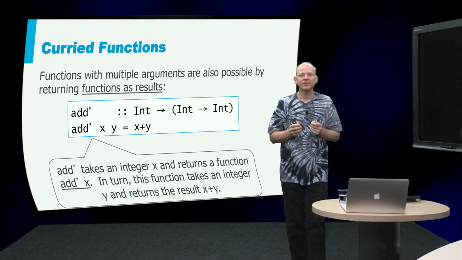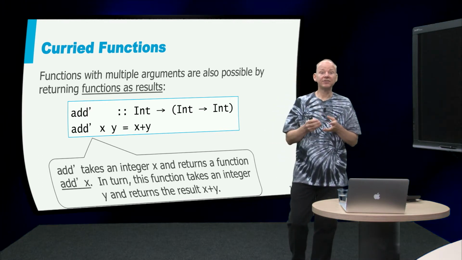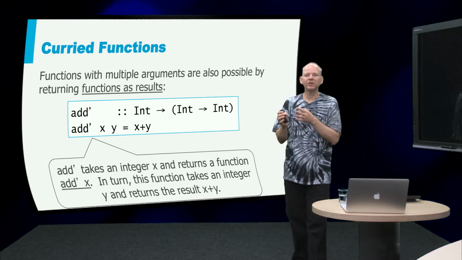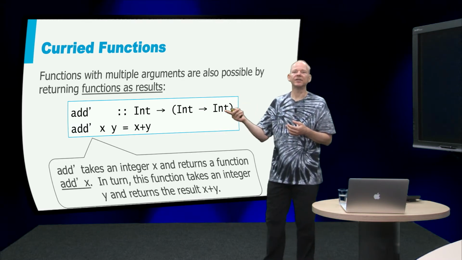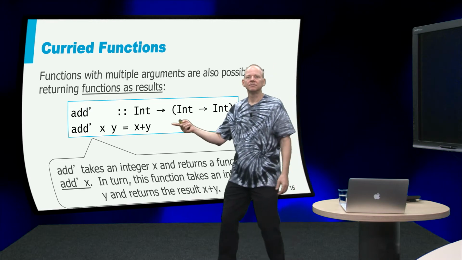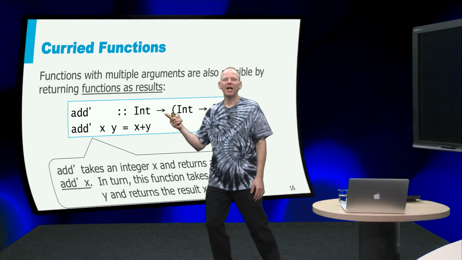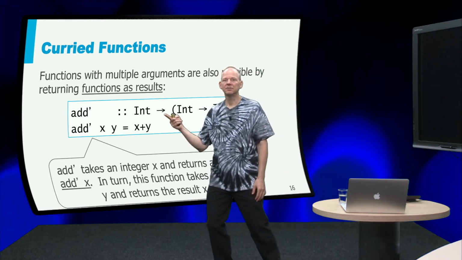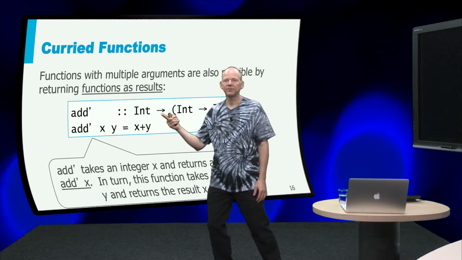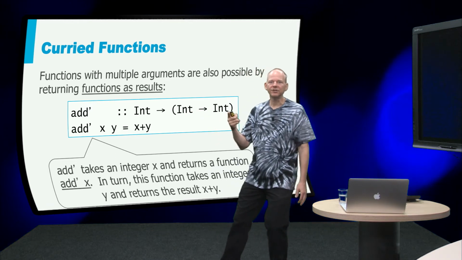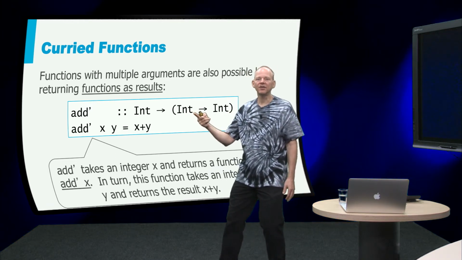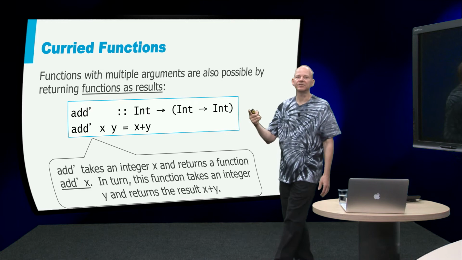We define add as a function that takes an integer and returns a function that takes another integer and returns an integer. So look at this type here. So add is a function, here we see from this arrow, that takes an integer and returns a function that takes another integer and returns an integer.